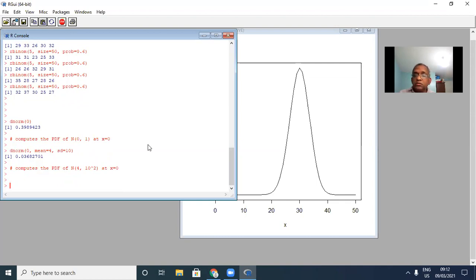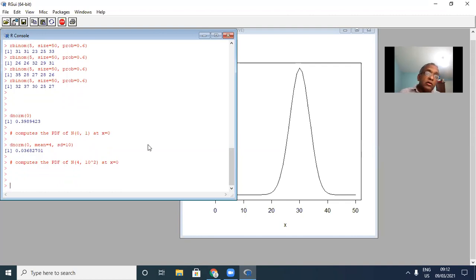Just to make it clear, when you don't specify the mean or SD, R will take them to be 0 and 1 respectively. But if you want it not to be the standard normal, then you need to specify the mean and standard deviation. Is that clear?